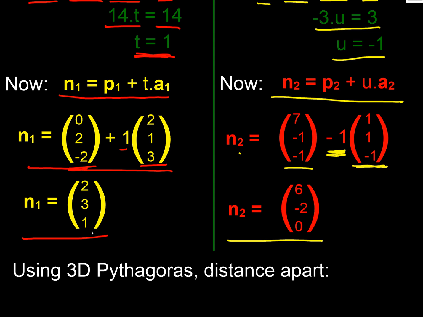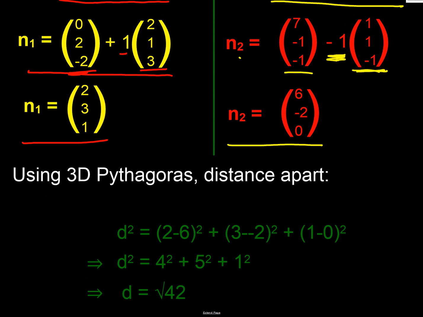So I now know the two nearest points, and I did that by finding the dot product and then finding the parameters. And once I know my 2 points, I can use these 2 points now, and using 3D Pythag, can't I, the distance between those 2 points is the difference in the x values squared plus the difference in the y values squared plus the difference in the z values all squared.